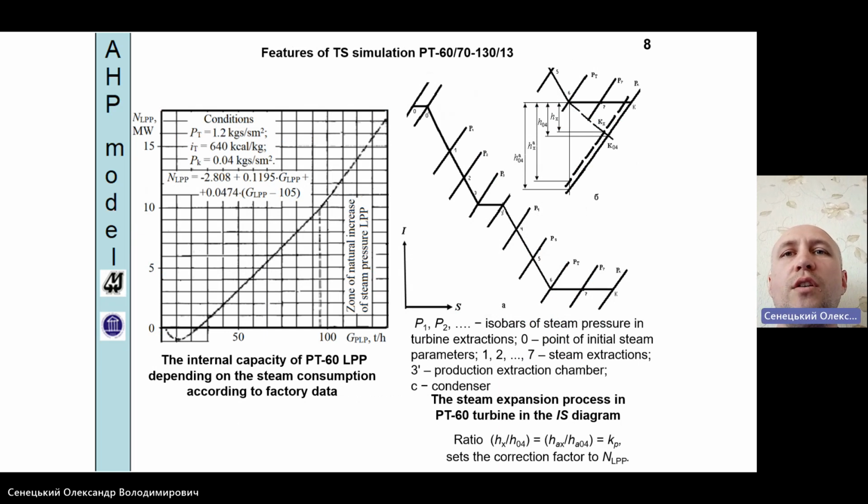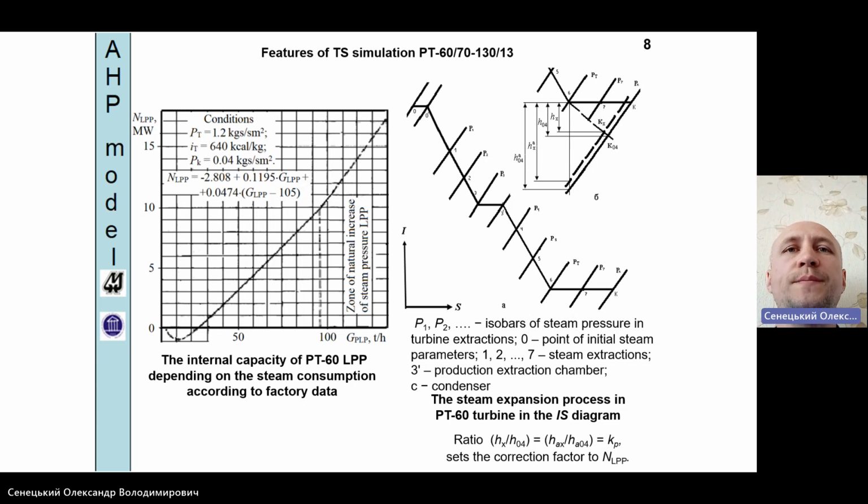The features of the mathematical model of the PT60 thermal scheme, associated with the desire to bring the calculation result closer to the real ones, include the use of the factory approximation dependence of the power of the lower pressure path on the flow rate of the low pressure path.